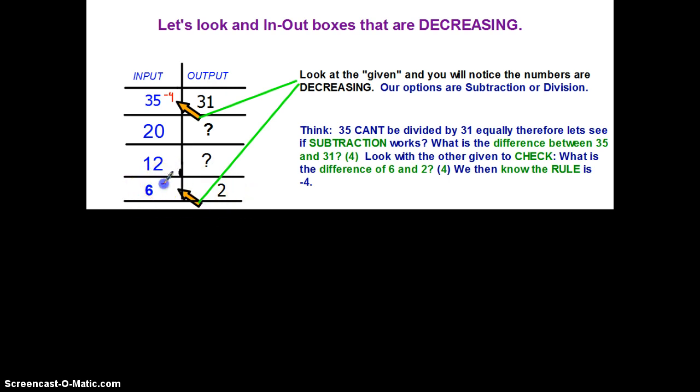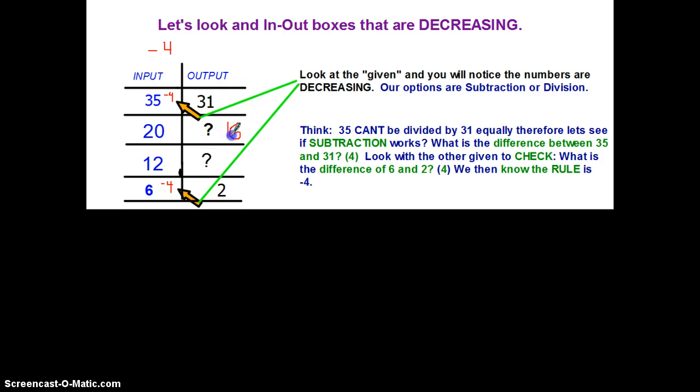6 minus 4, do I get 2? I sure do. 6 minus 4 is 2. So now I know that my rule has got to be minus 4. So let's apply that to the missing numbers that I need here. 20 minus 4, what should I get? Everyone, mental math in your head, 20 minus 4.